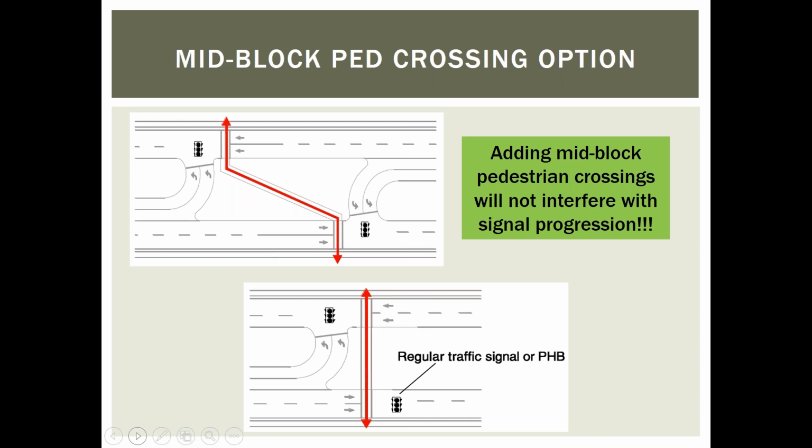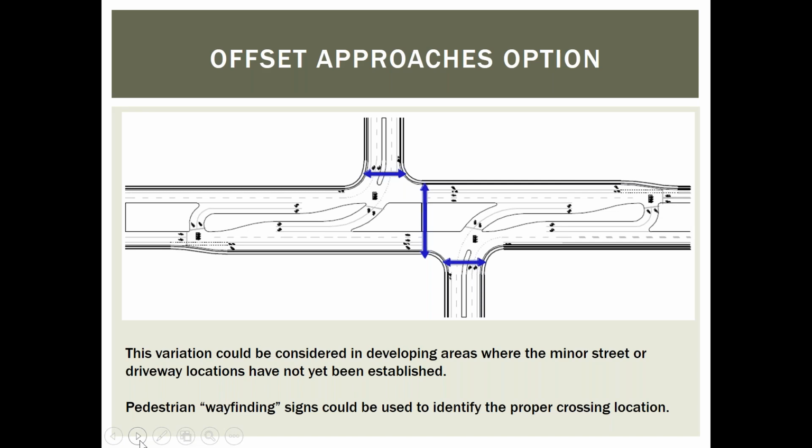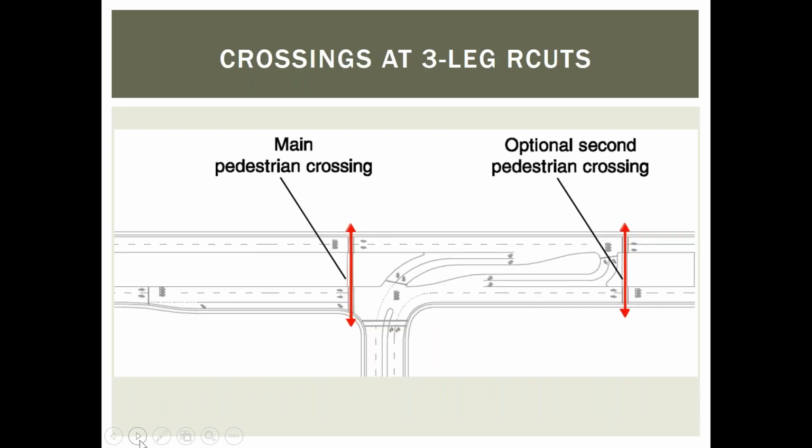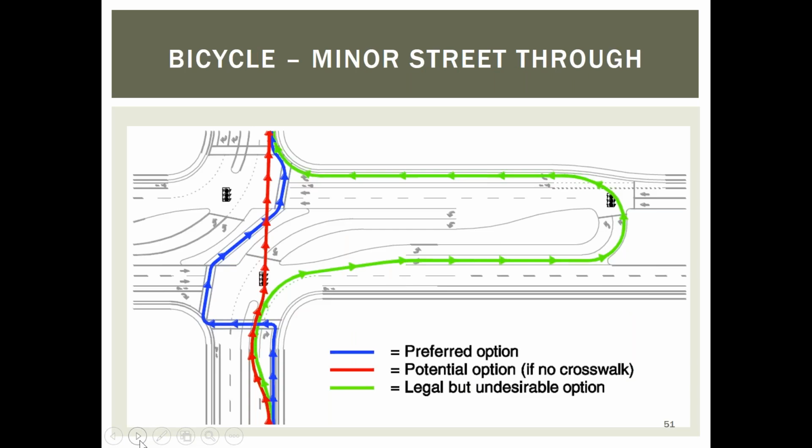But the R-CUT does open up this opportunity for more mid-block pedestrian crossings. Or if we have this scenario of the offset alignment, the offset T's, we can have a more traditional type of pedestrian crossing. Or the three-legged R-CUTs. The three-legged R-CUTs can also open up opportunities for more traditional pedestrian crossings without the need for the Z-style.